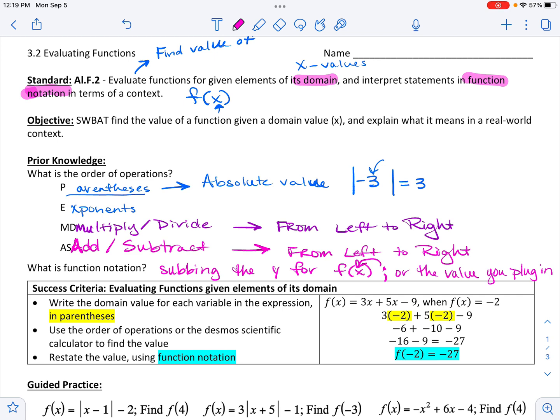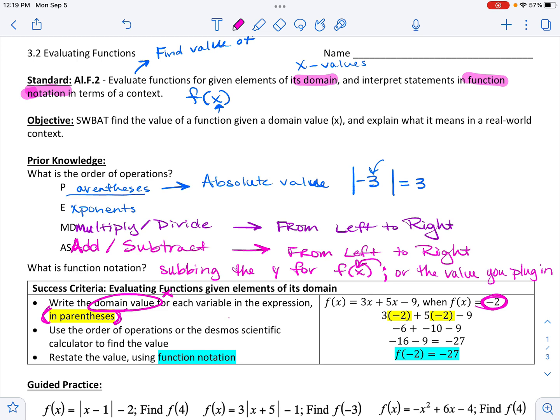To do this, you're going to write the domain value for each variable in the expression. The domain value is the x. So you're going to find the x, take whatever we're supposed to put in for it, and replace the x inside parentheses. So everywhere you see an x.